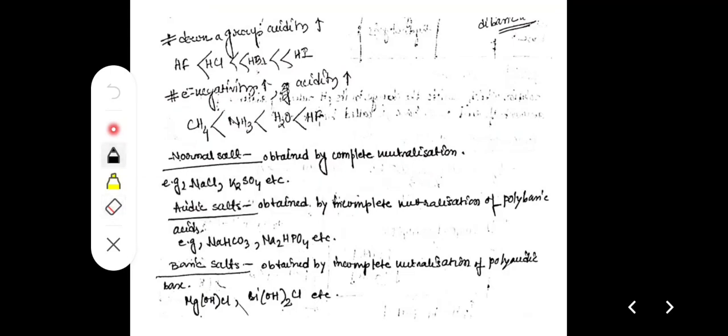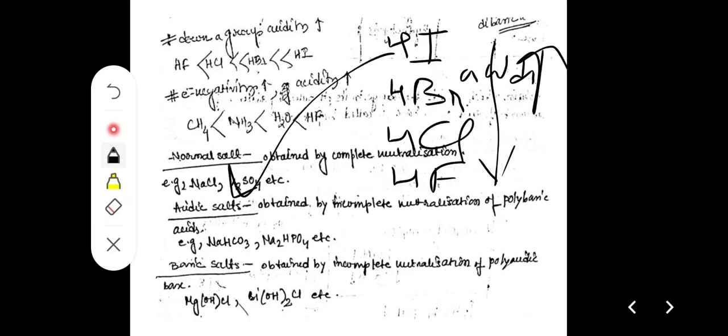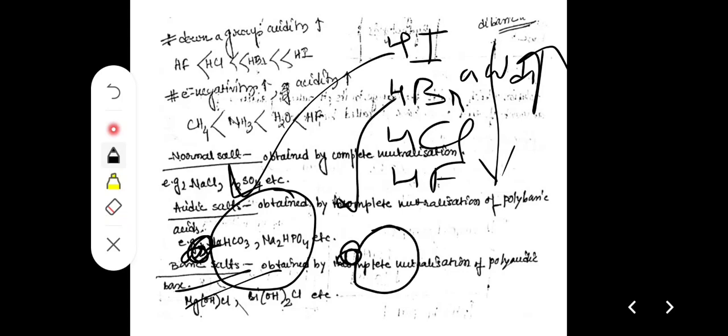Now, from the group HI, HBr, HCl, HF, down a group, top to bottom, acidity increases. Why? Iodine is large, so hydrogen has ineffective overlap with it. Bromine is slightly smaller than iodine, so there is moderate effective overlap.